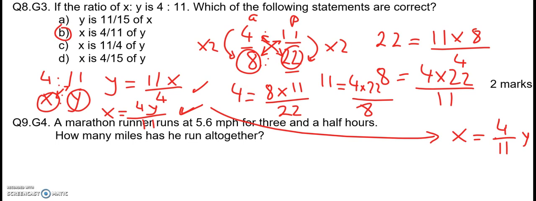Having a look at C, we've got x is 11/4 of y, and that is not the case because it's 4/11. And D is 4 over 15 or 4/15 of y, which is not true either. So the correct option is B.